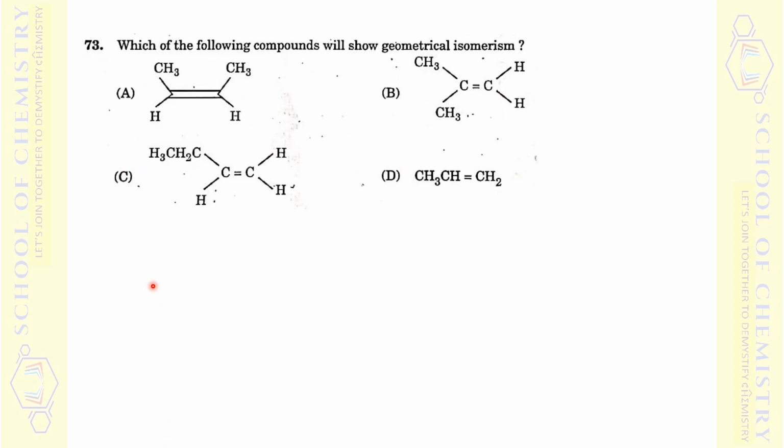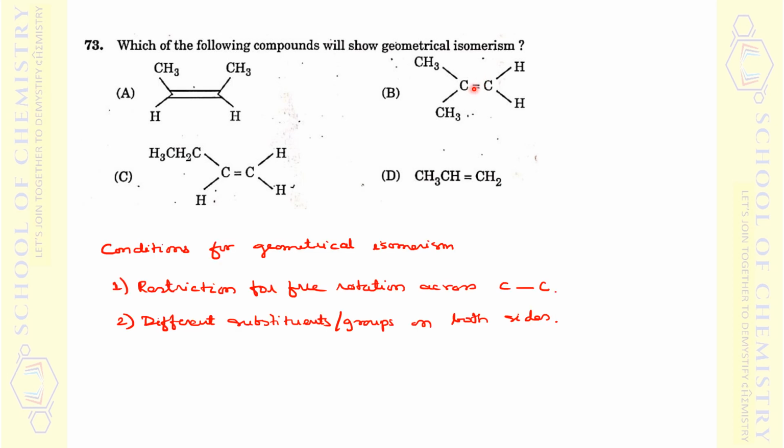Third question, the 73rd question in the question paper. Very simple one again. Which of the following compounds will show geometrical isomerism? We should just know what the conditions for geometrical isomerism are. First thing, restriction of free rotation about the carbon-carbon bond should be possible.